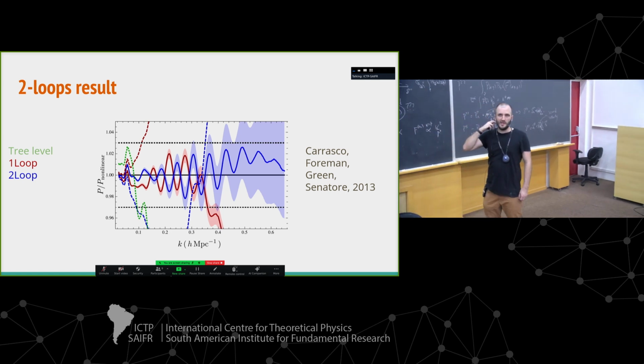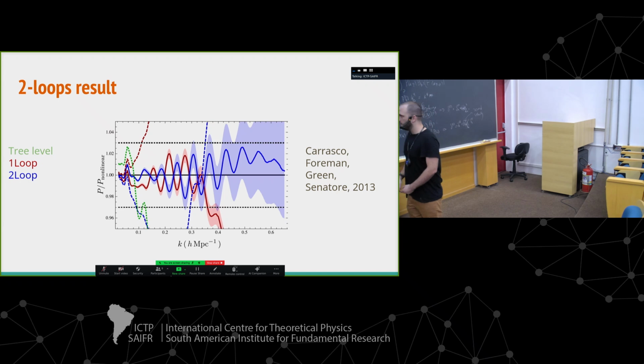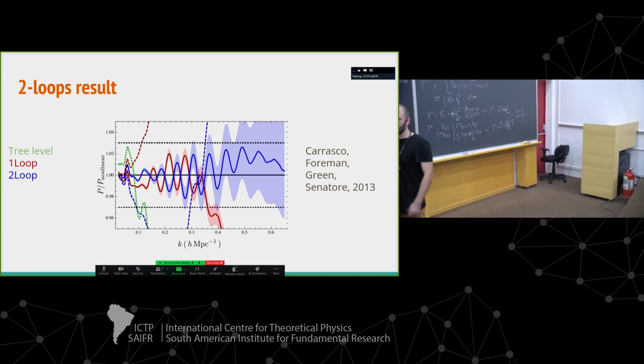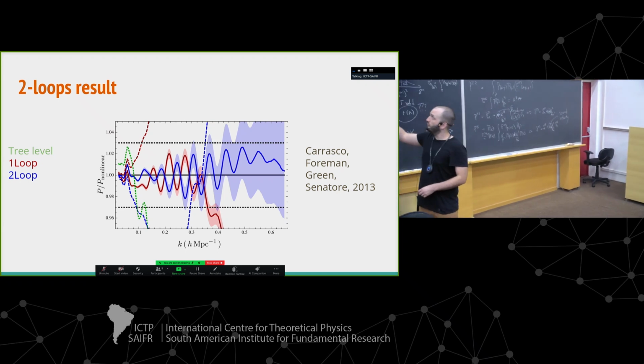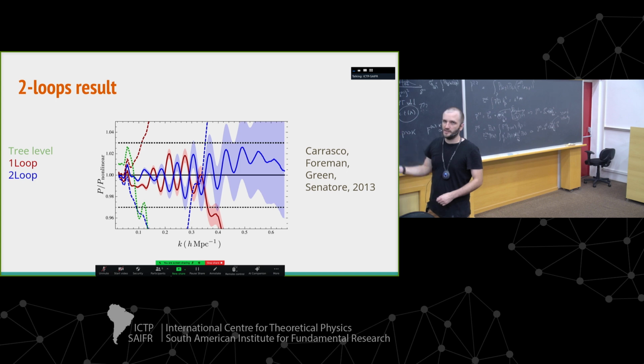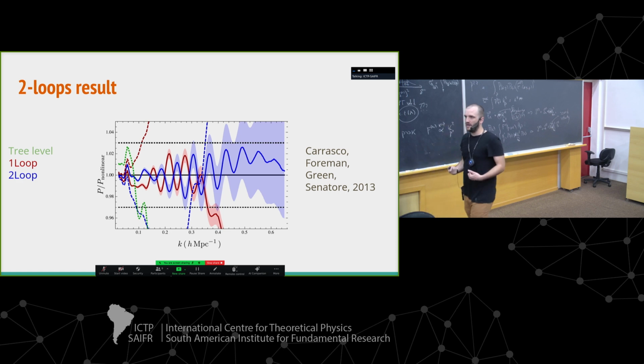So on top of doing this whole story, you have to do something called IR resummation. The wiggles you see here are basically artifacts because you are in the Eulerian picture. When you are in the Eulerian picture, you're basically not accounting for large displacements in the fluid. So you have to subtract these displacements, something people pointed out many years ago.